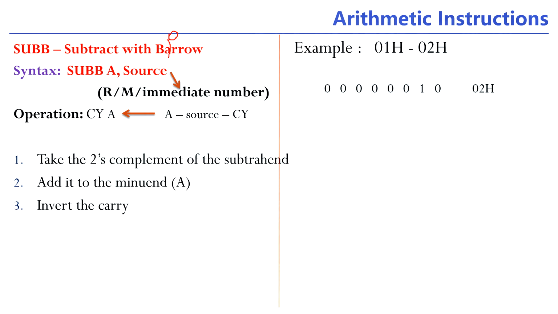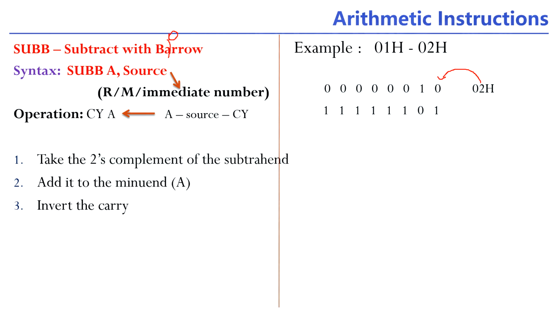Now we can solve this question step by step, right? You can see here, we can take a small example. This is 02H, right? We can represent this number in binary form, okay?